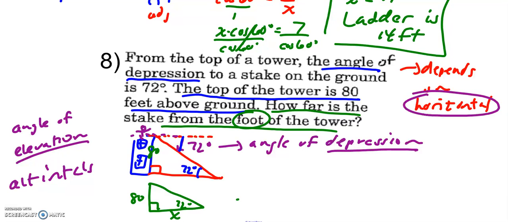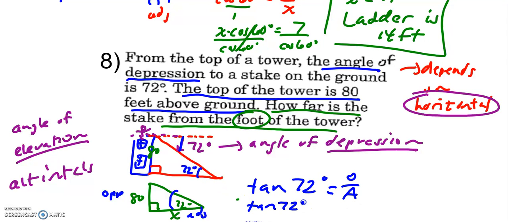And so if we use this as the basis angle of 72, it looks like we have opposite and it looks like we have adjacent, which opposite and adjacent lead me to tangent. So we can say that the tangent of 72 degrees equals opposite over adjacent. Tangent of 72 degrees equals 80 over x. So if we solved this, we could cross multiply, right?